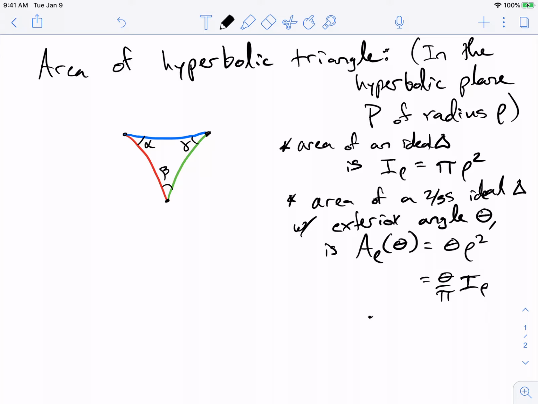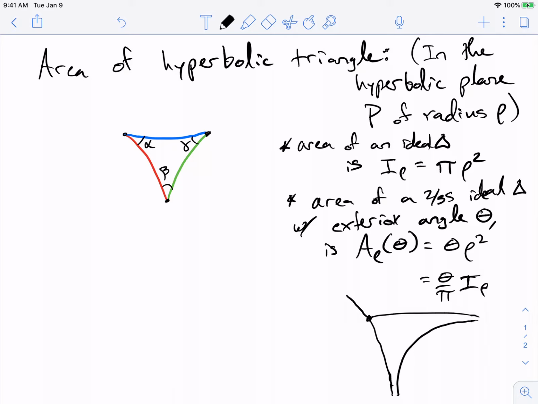And the picture here, a 2/3 ideal triangle has an actual vertex, and then the third side is asymptotic to the other two. So it's only got one actual vertex and two sort of asymptotic vertices. So that's why it's called 2/3 of an ideal triangle, because two of the three vertices are asymptotic.